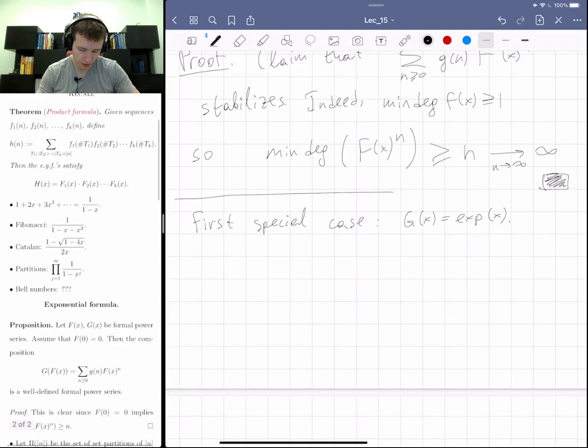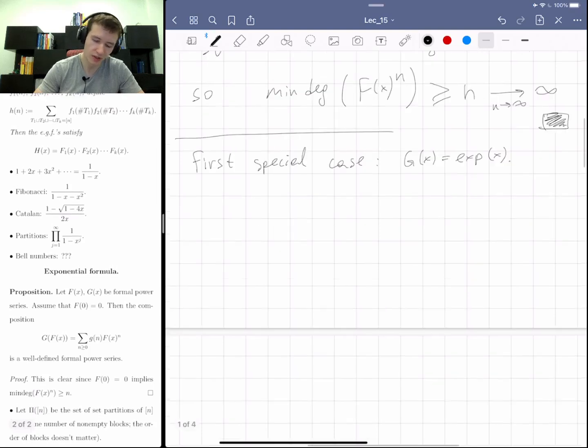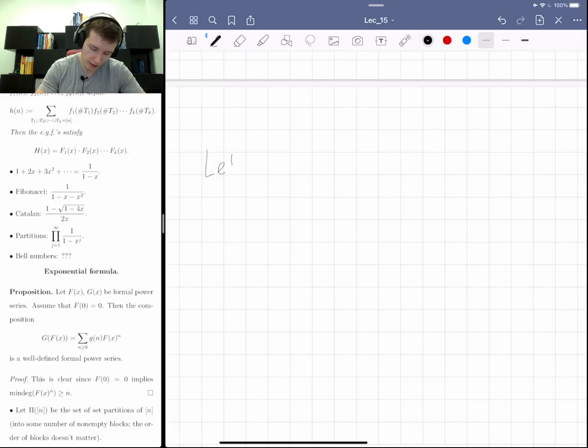Yeah, and that's where you see. So now I have to talk about partitions all of a sudden. Remember, we studied set partitions. Let me introduce the notation for that. Let capital Pi of bracket n be the set of all set partitions of bracket n.